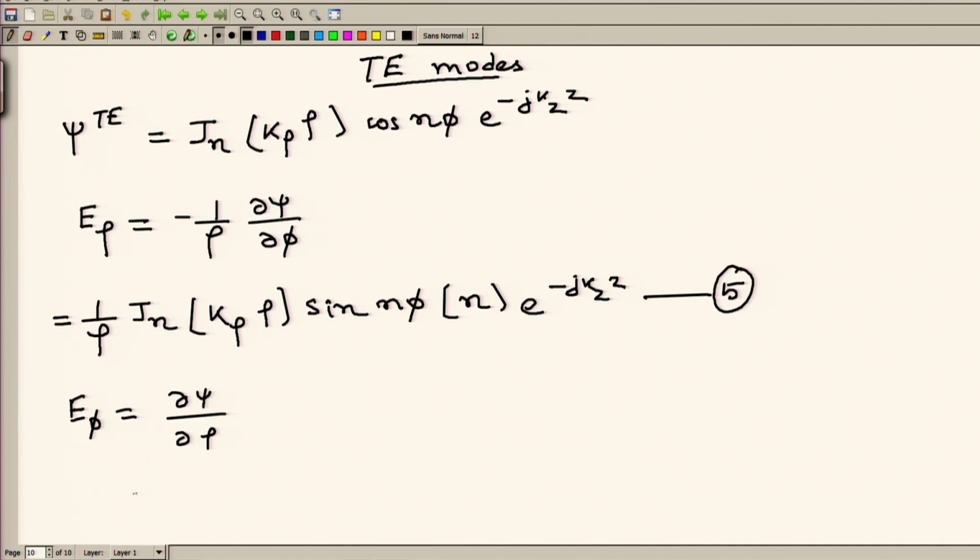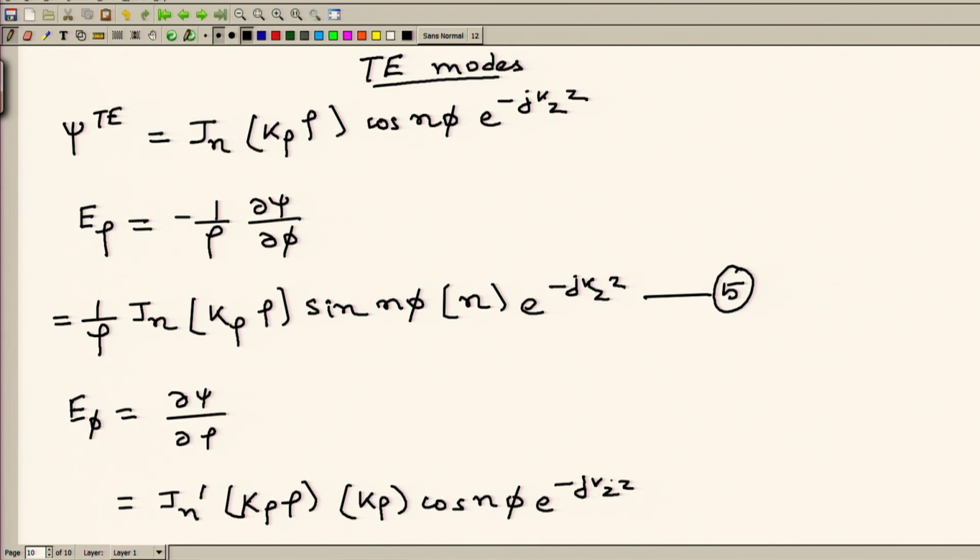We get J n prime k rho times k, cos n phi e to the power minus j k z z. So, this is equation number 6.